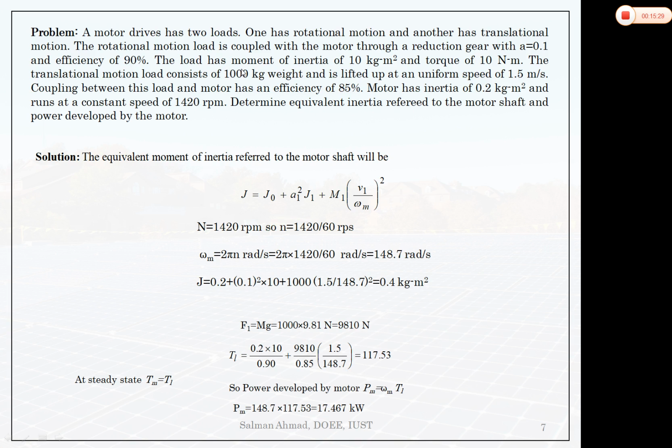The load has moment of inertia of 10 kilogram meter square and torque of 10 Newton meter. The translational load consists of a 1000 kilogram weight and is lifted up at a uniform speed of 1.5 meter per second.